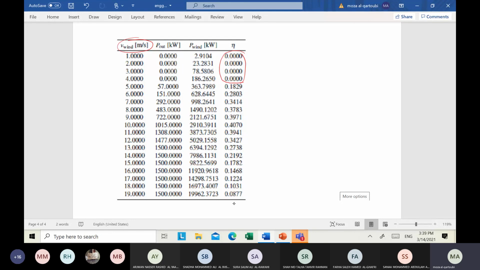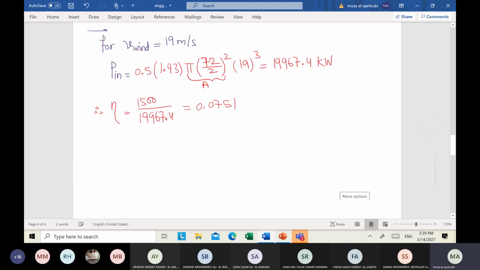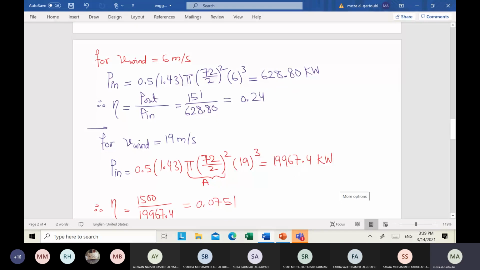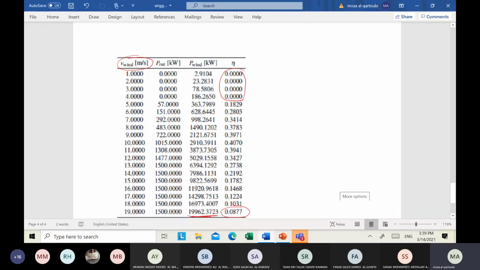The last value is different here depending on rounding. We found 0.0751 before, but here it is given as 0.0877, so it depends on rounding. We found the value 19967 before, so approximately the same. This is the table for question number 2.